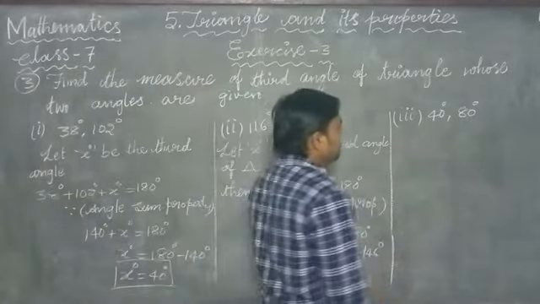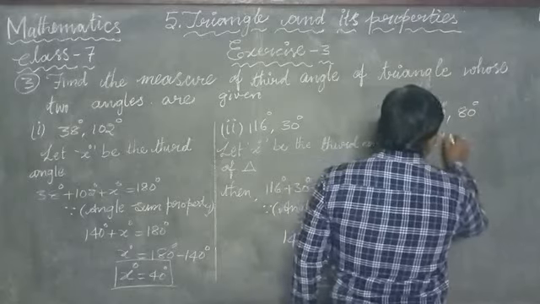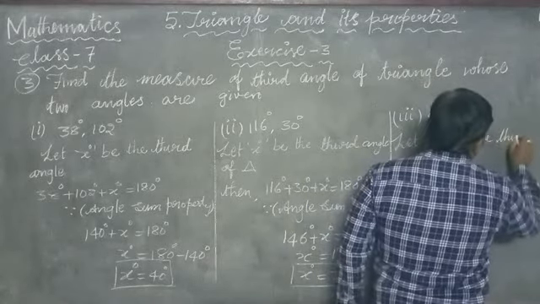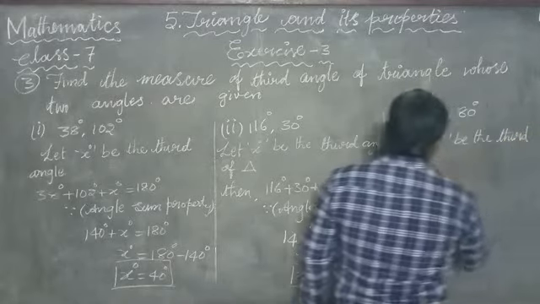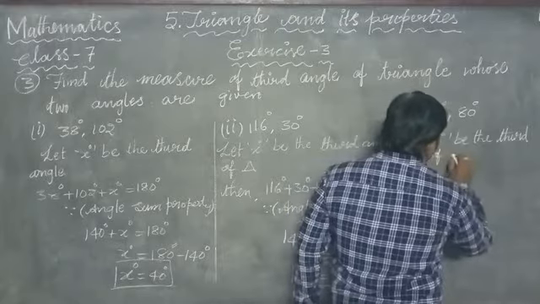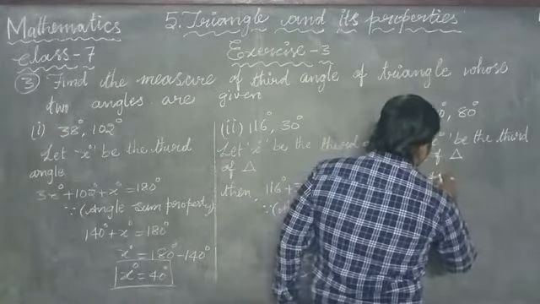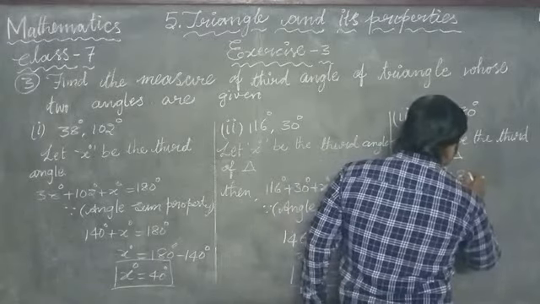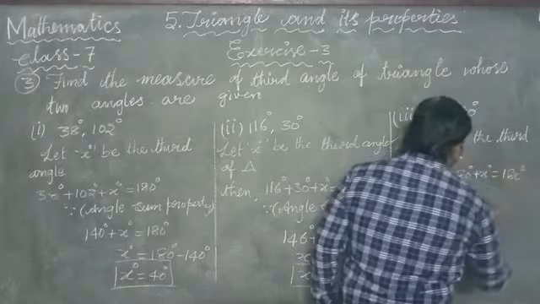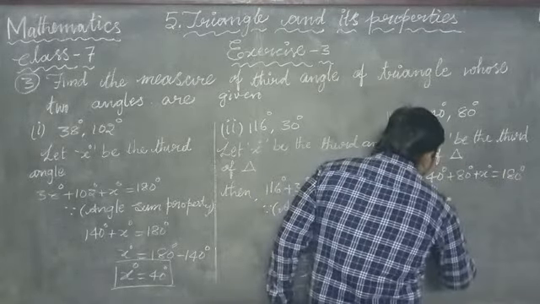Now let us see the third problem. Here also let x degrees be the third angle of the triangle. Then 40 degrees plus 80 degrees plus x degrees equals 180 degrees, since it was taken from the angle sum property.